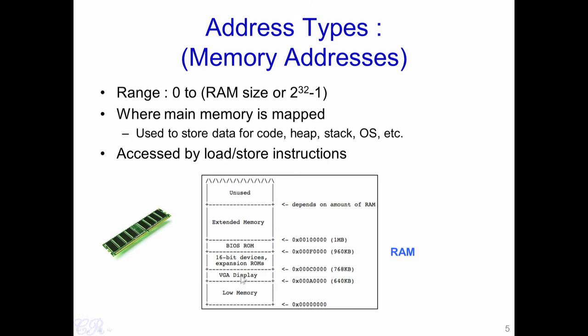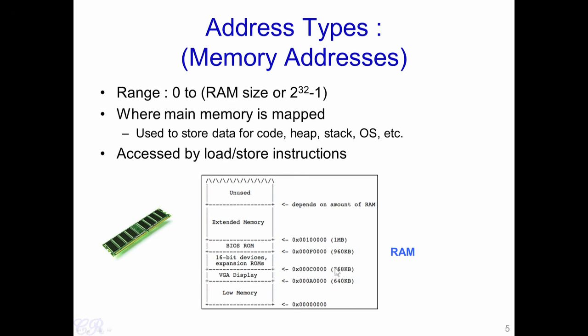Again, this is a legacy issue where this particular area in the memory would correspond to the VGA display. This means that any ASCII characters placed in this particular area would then be taken by the video card and displayed onto the screen.